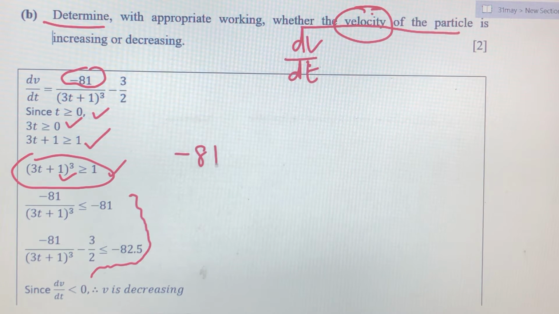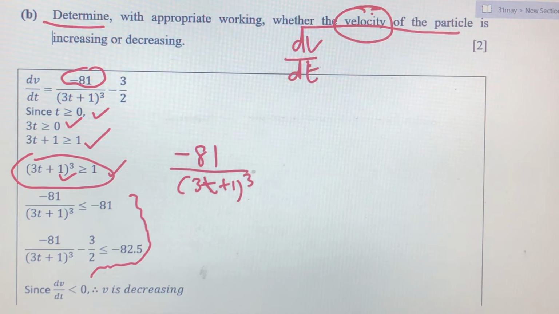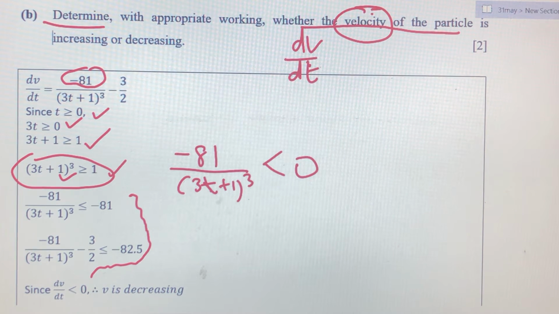A negative number divided by a number that is always positive, don't you agree it will always be less than 0? Can it be equal to 0? Cannot, right? So you can also work in terms of this, because ultimately we just want to show whether it's less than or greater than 0.